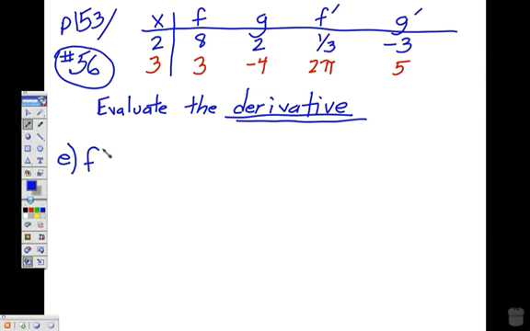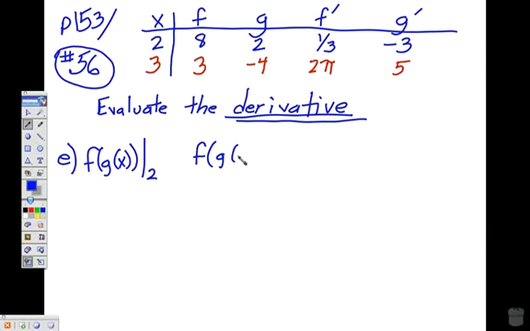E is f of g of x evaluated when x is 2. Okay, we're supposed to find the derivative, but just for the heck of it, let's talk about what f of g of 2 would be.